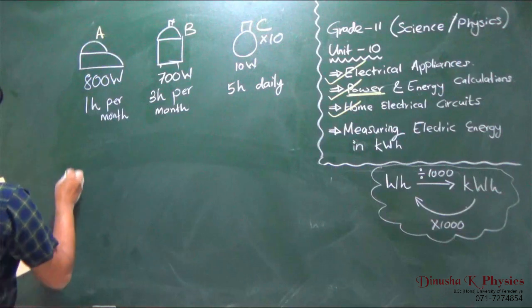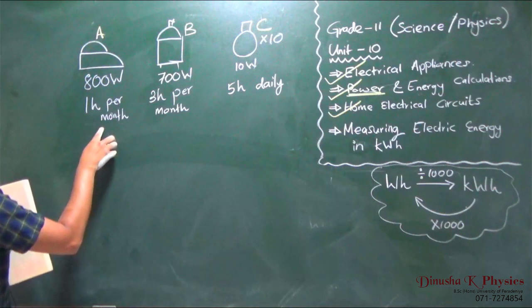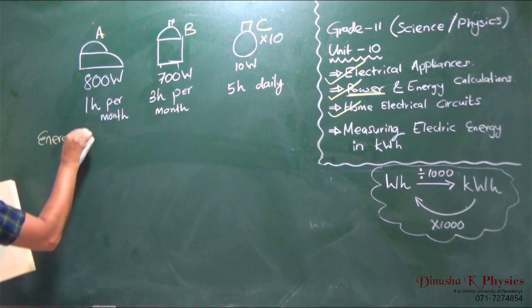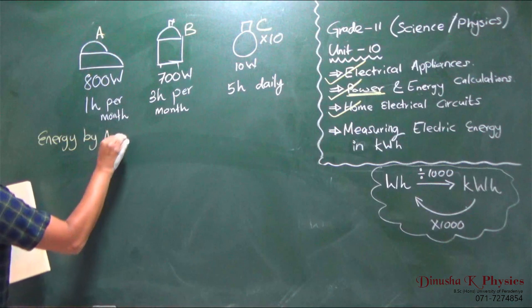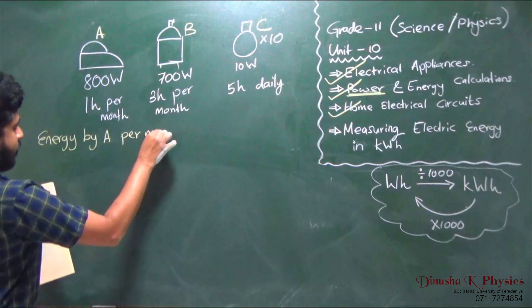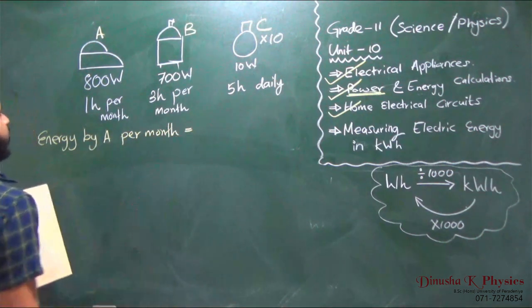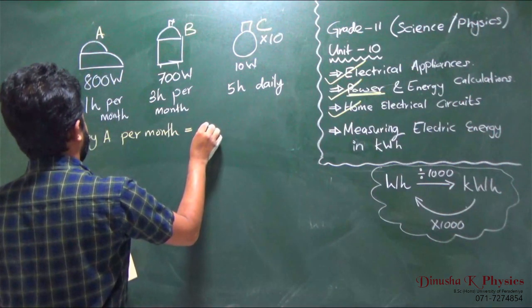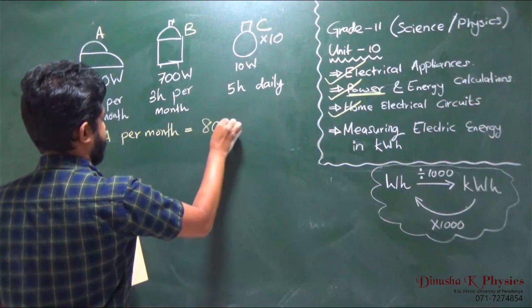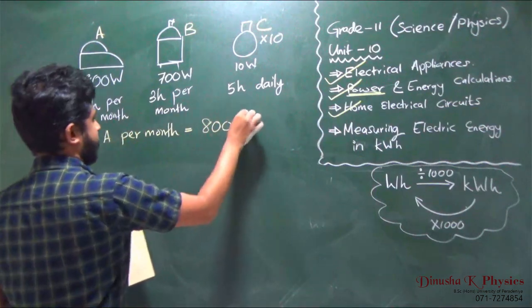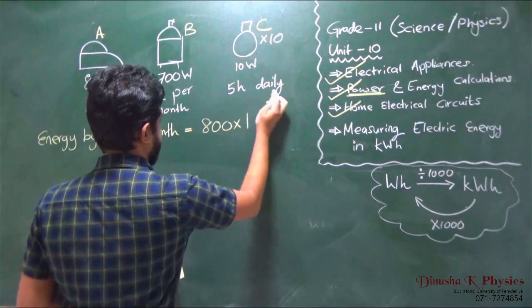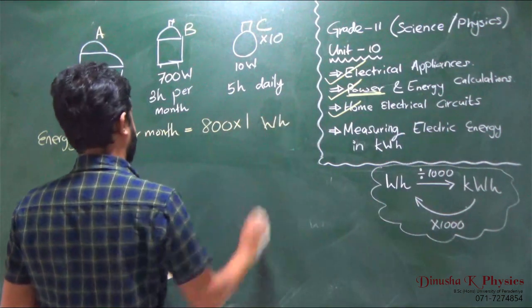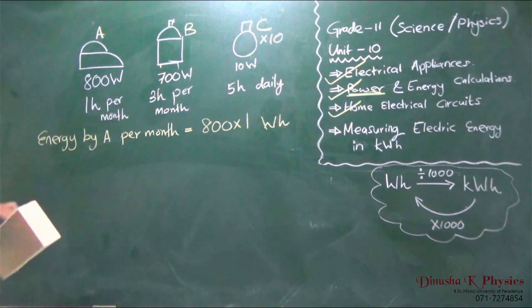So again I will calculate directly per month. Energy by A per month: power times time, it will be 1 hour, so you have 800 in watt hours, right?